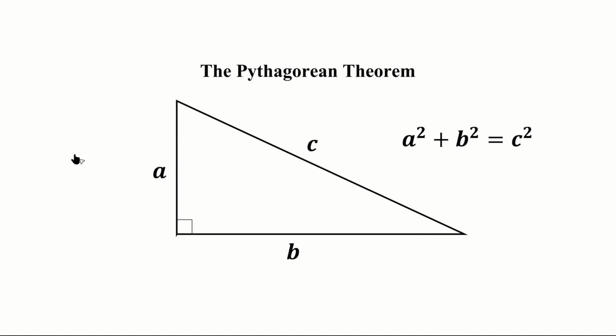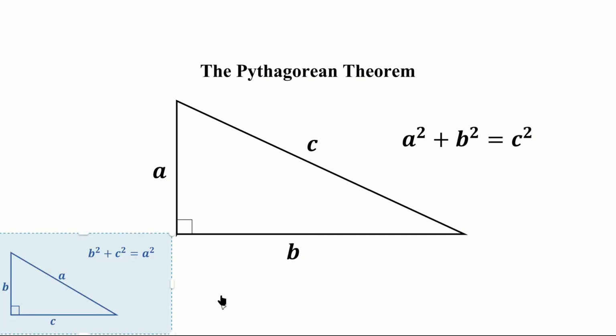Consider this, for example. Notice in this triangle here that you have a as the hypotenuse and b and c are the two legs. So the correct relationship here is b squared plus c squared equals a squared.